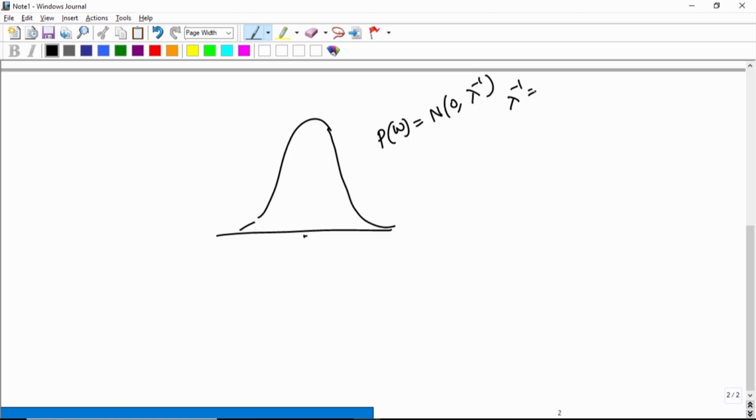Note that lambda inverse is basically sigma squared. If lambda inverse is small, then my Gaussian is like this. If lambda inverse is large, then my Gaussian is something like this.